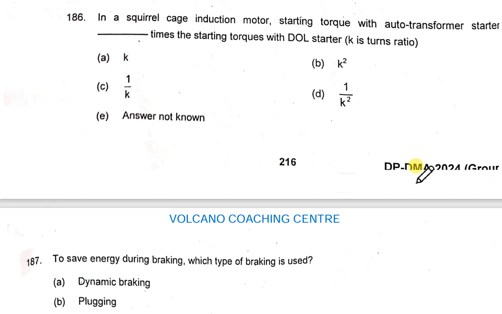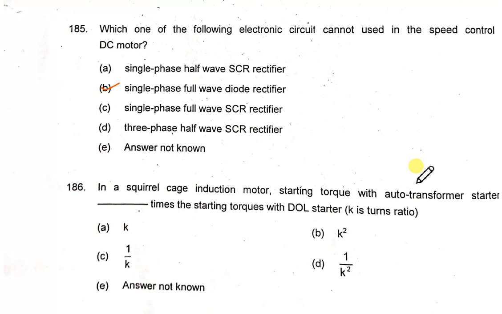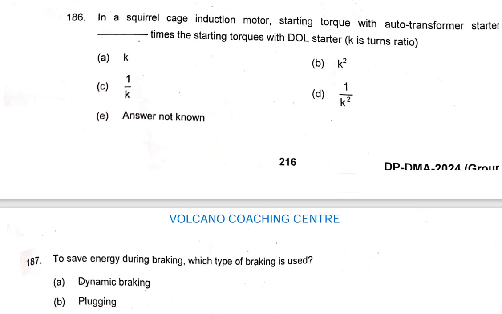In a squirrel cage induction motor, starting torque with auto transformer starter is dash times the starting torque with the DOL starter, which is equal to K square.